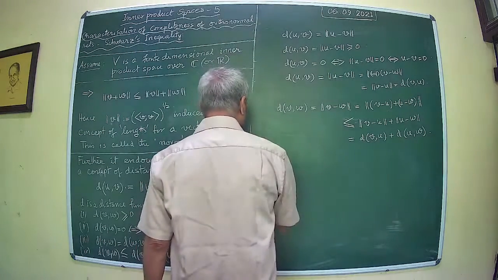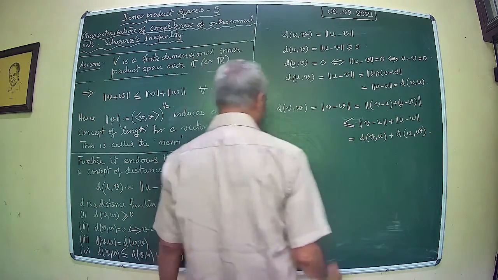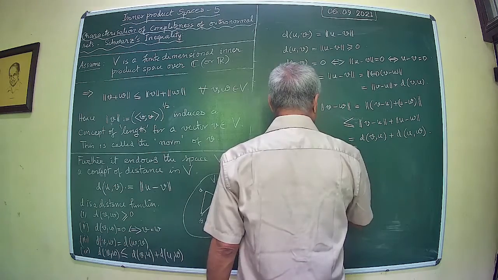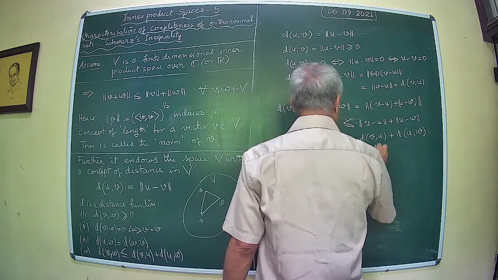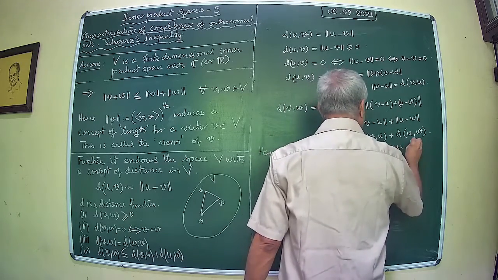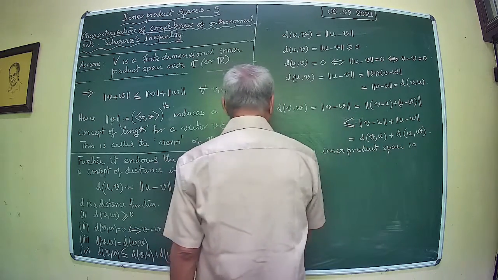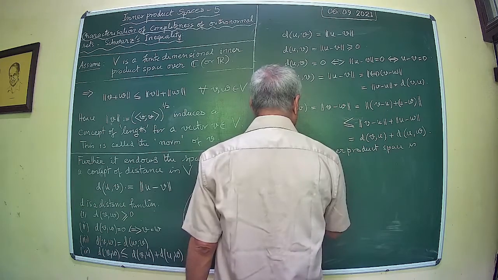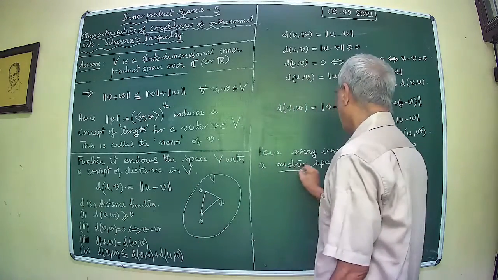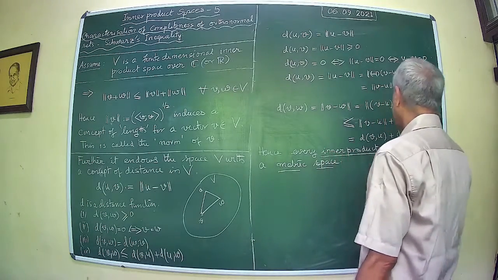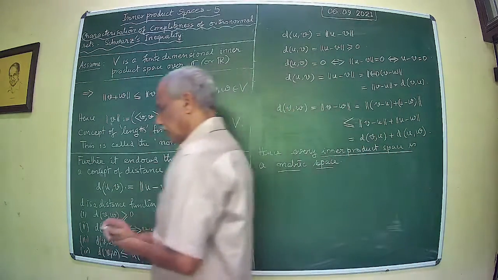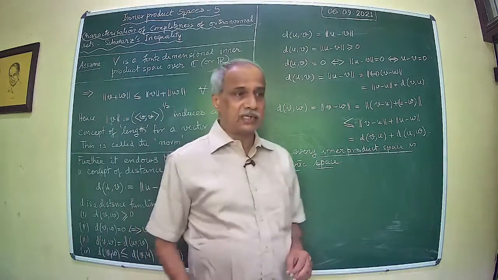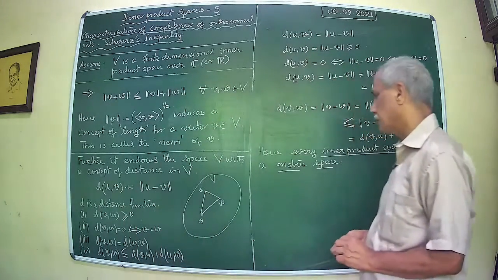Hence, it is a symmetric space. So the inner product induces a length concept on the space, and that is actually what you call a metric space.